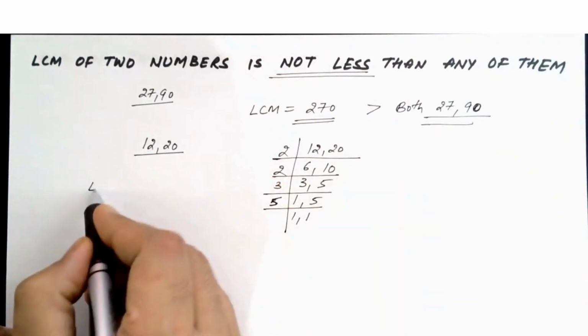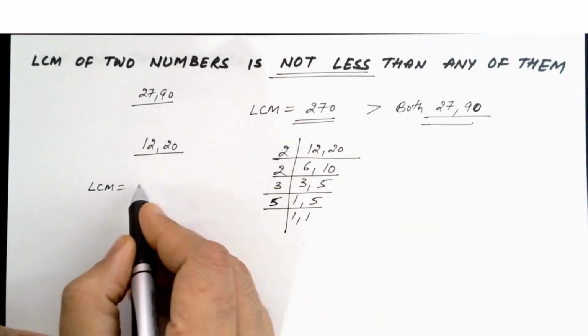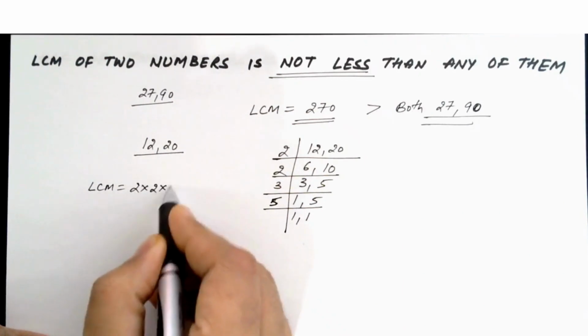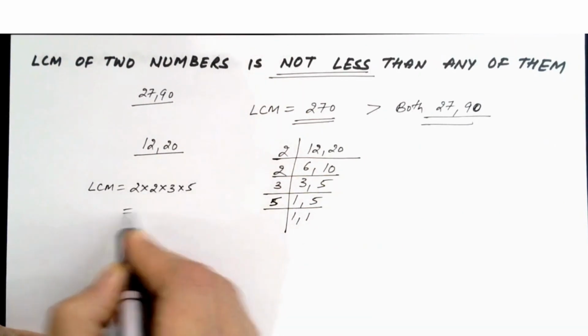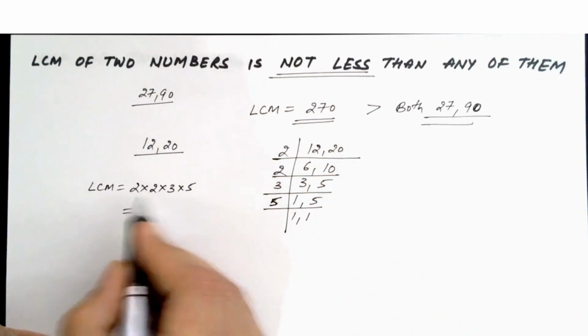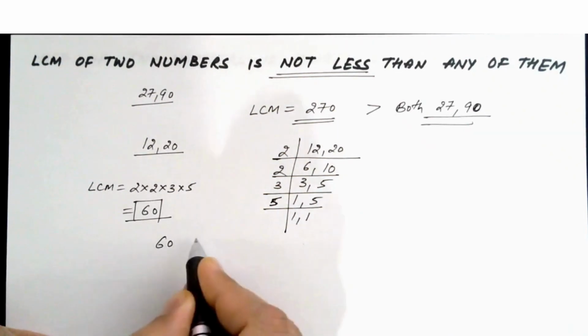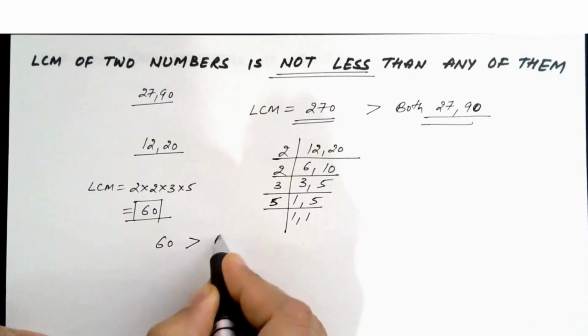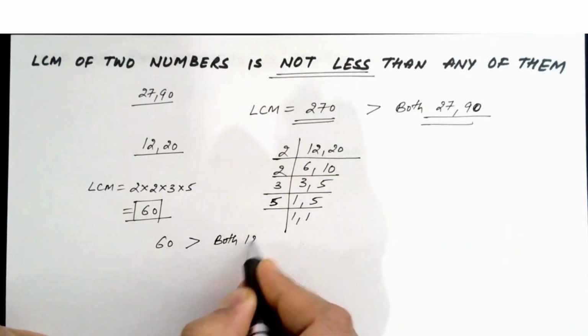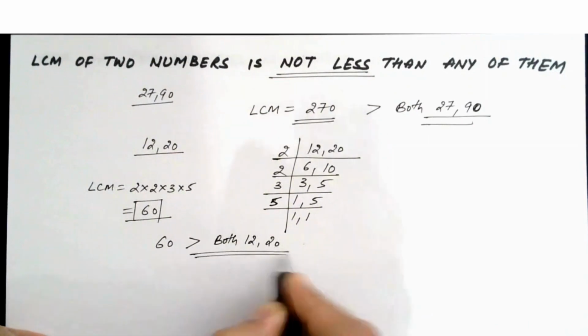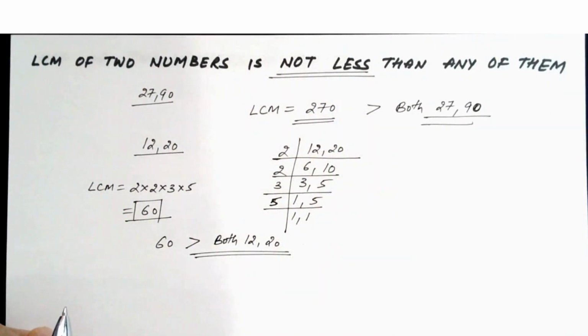So the LCM of these two numbers is 2 into 2 into 3 into 5, and this comes out to be 60. Now 60 is, you can see, greater than both 12 and 20. So you got this property of LCM.